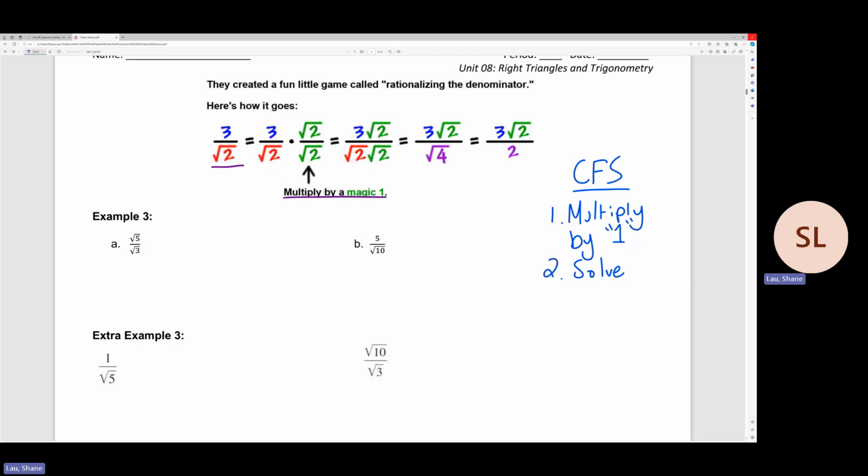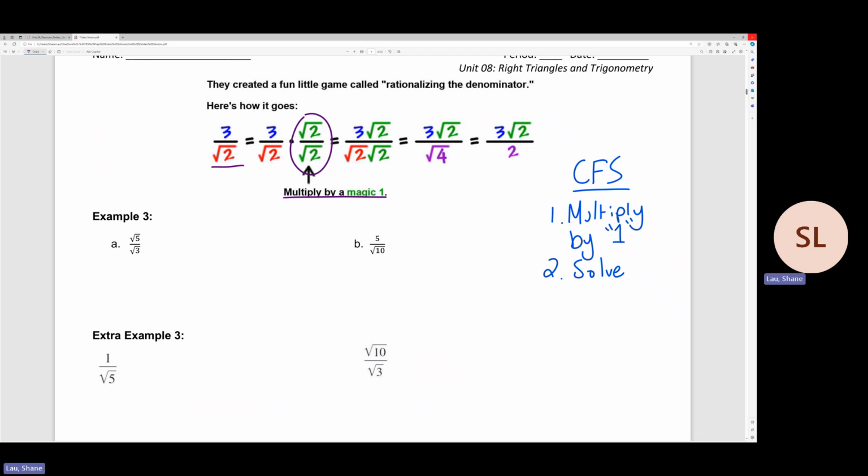It's kind of weird to just say magic 1, if I'm being honest. But realize that the square root of 2 divided by the square root of 2, anything divided by itself, is just 1. So we are technically multiplying by 1, even though we're multiplying by a square root of 2 on the top and the bottom.